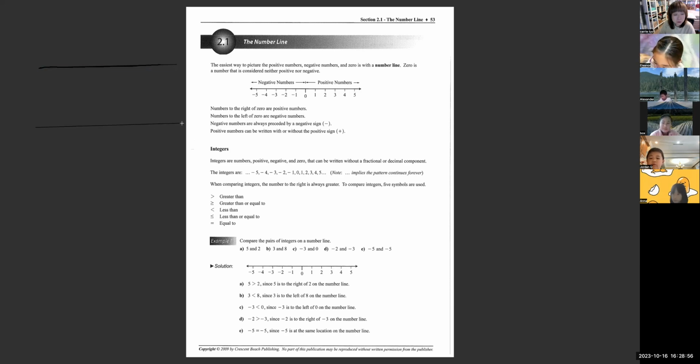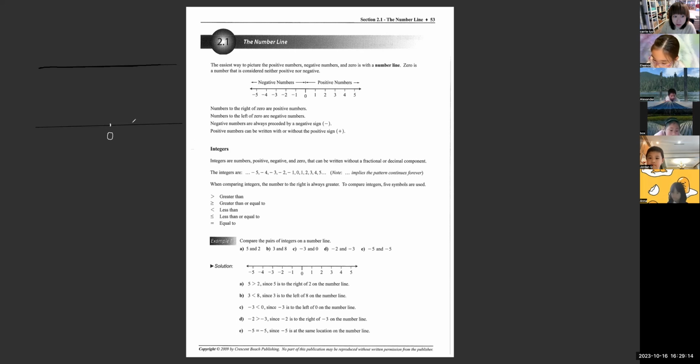Sometimes it won't. Okay, so the very important thing, everybody, for the number line, is that there's a middle one, right? The middle one is 0. Correct, everybody? Okay, Anna.